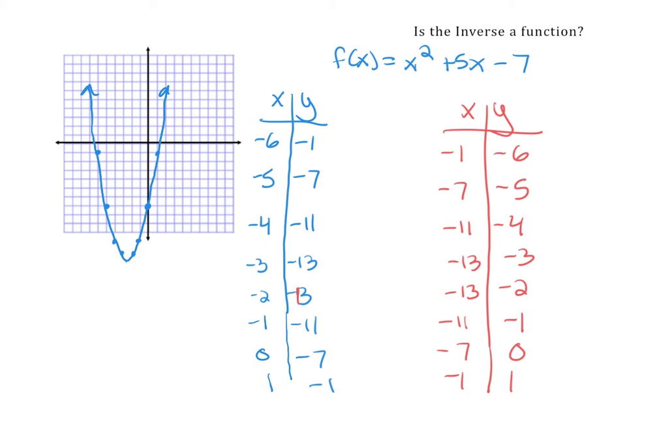-1, -6; -7, down 5; -11, -4; -13. So we're just kind of estimating here. Oops, that was supposed to go.